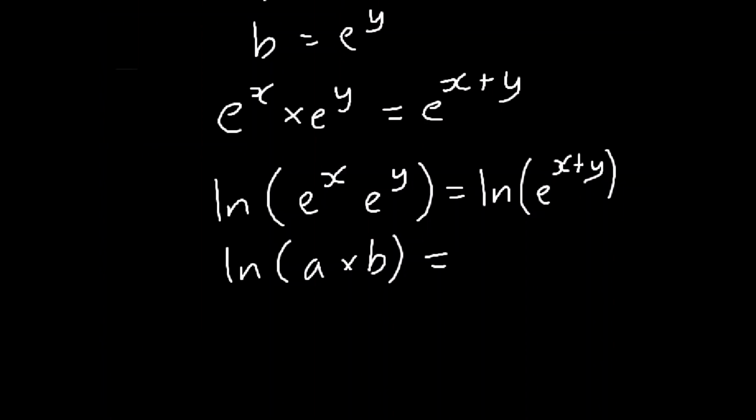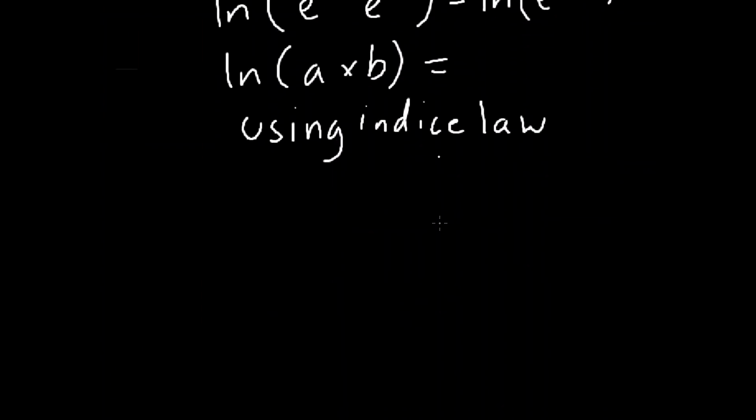So we can say, using the indices law, an example of that indices law with a different value like z and w: ln z to the power of w is equal to w ln z.